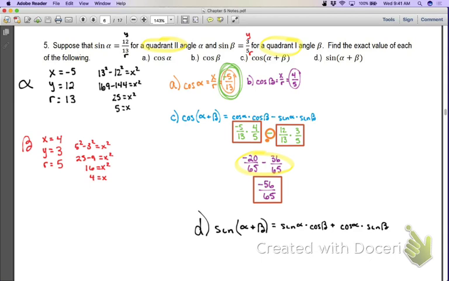I would still use 12 over 13 times 4 over 5. And then vice versa, negative 5 over 13 times 3 over 5. That wouldn't change. Still multiply, and still either add or subtract, and go from there.